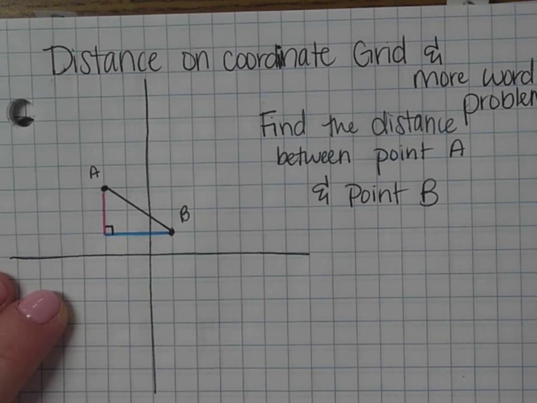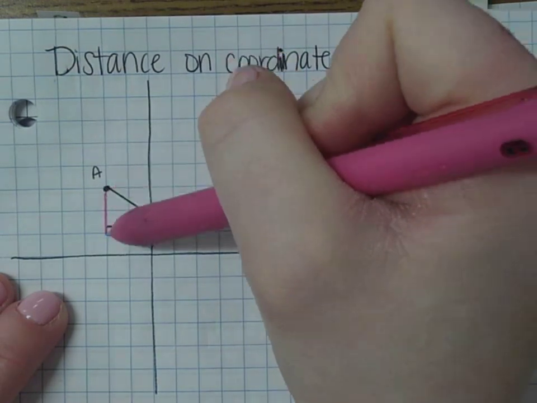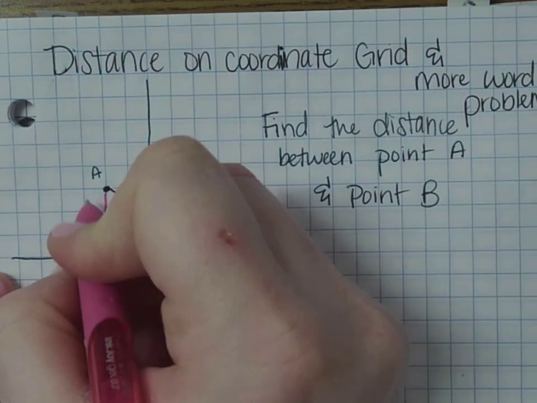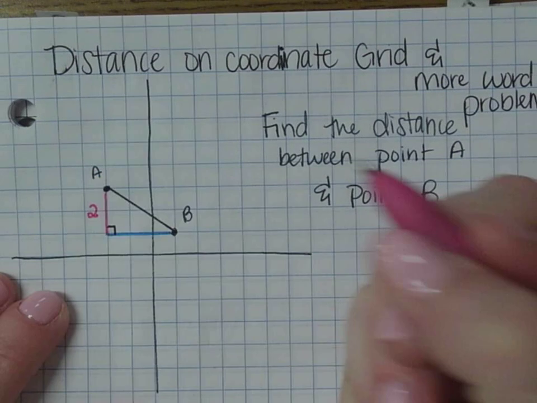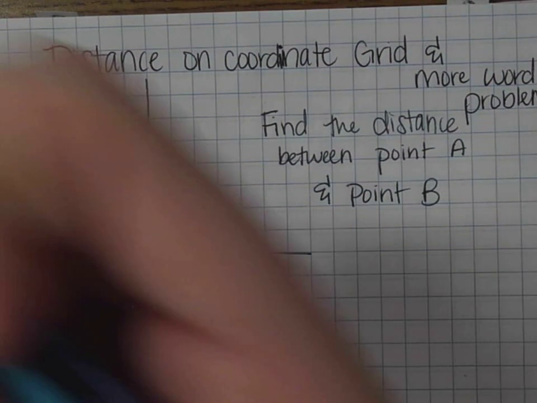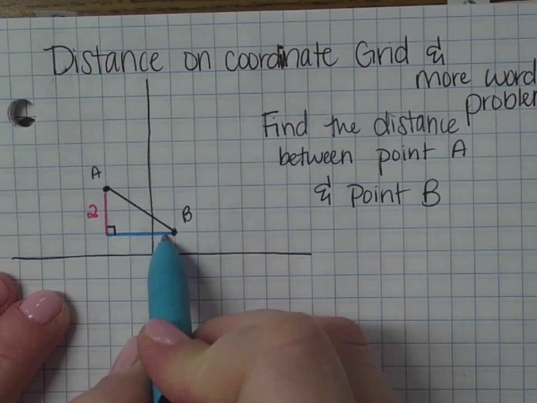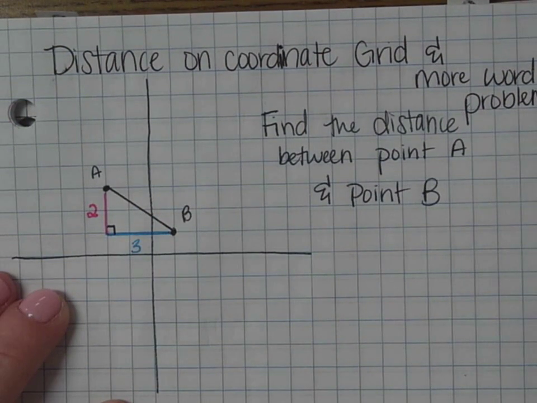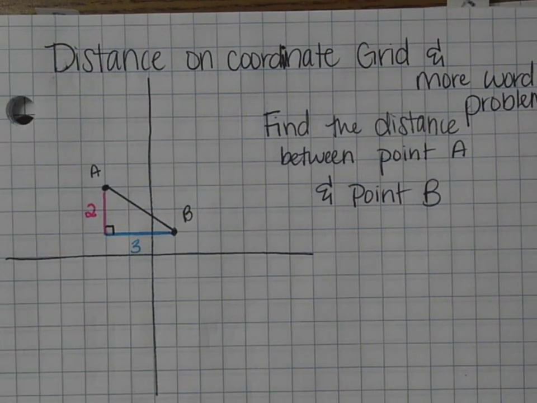So let's find how tall this is. So that's 1, 2. And then we can find out how wide, so 1, 2, 3. And we can use Pythagorean theorem. Since it's a triangle, you can use Pythagorean theorem.